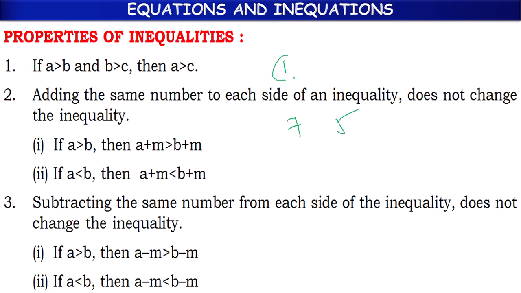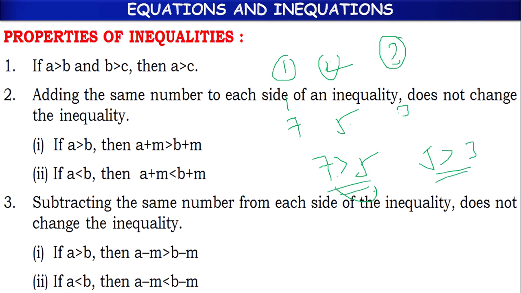First term is 7, second term is 5. Now 7 is greater than 5. And third term is, suppose, 3. So in the beginning we compared the first and second terms, 7 greater than 5. Now we are comparing the second and third term and we are saying 5 is greater than 3.